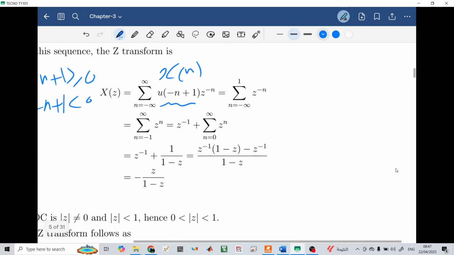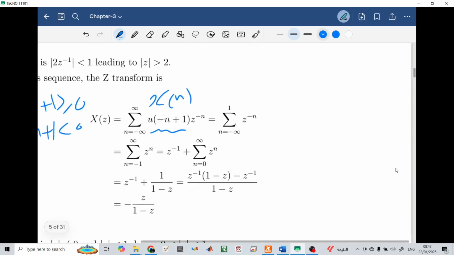So we need to modify this summation to look like the infinite geometric series. The first thing we notice is that we should start from a positive integer to positive infinity, not minus infinity. So we need to do a simple variable substitution. Say we have m equals minus n, right?